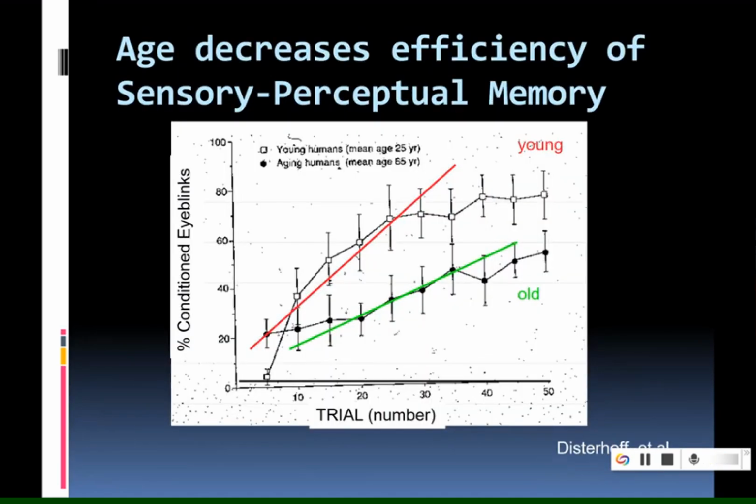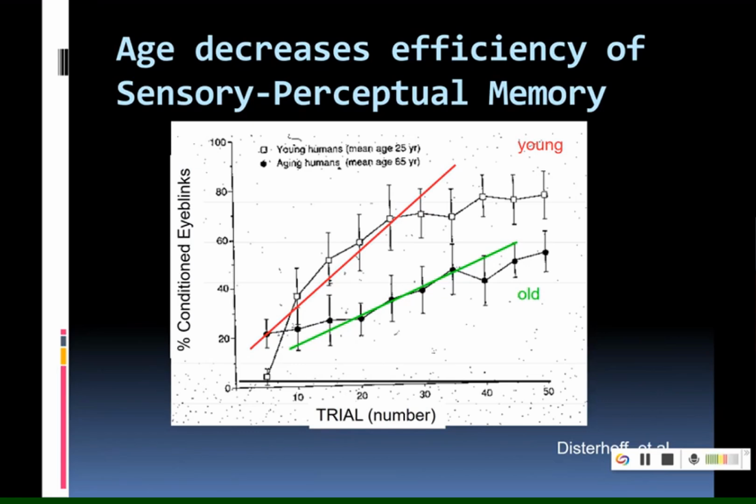In terms of reflex, this is a study that was done by John Disterhoft many years ago, and it shows basically a Pavlovian conditioned response where he took an eye blink, a puff of air in the eye, and coupled it with a ding sound, and eventually got rid of the puff, and people still blinked with the sound over a period of time.